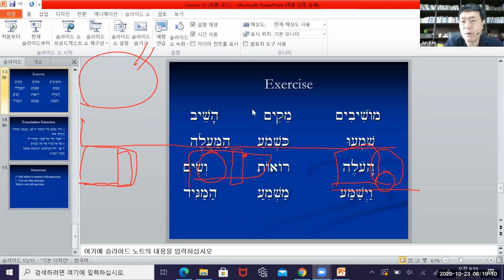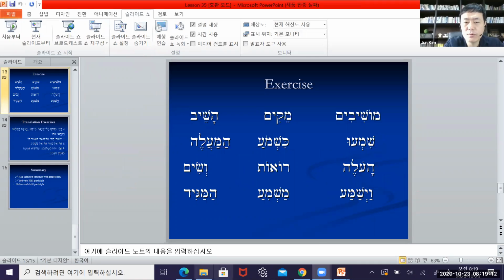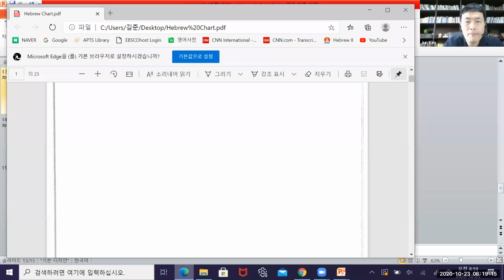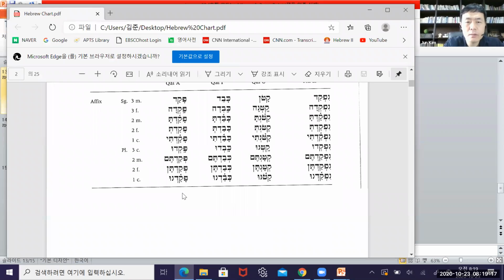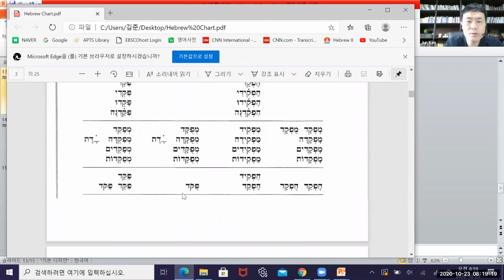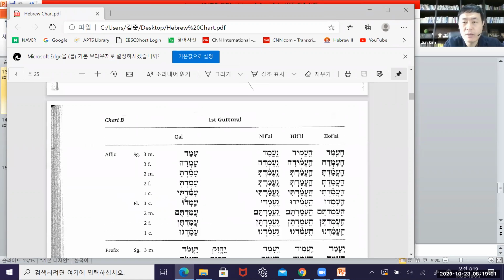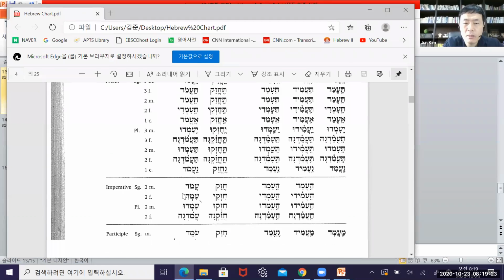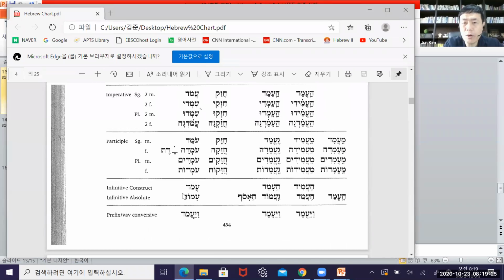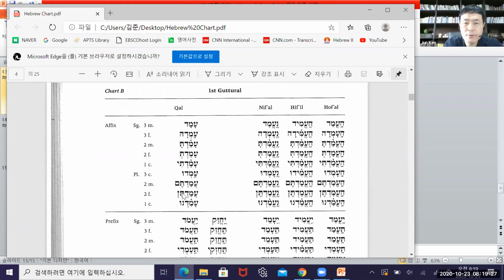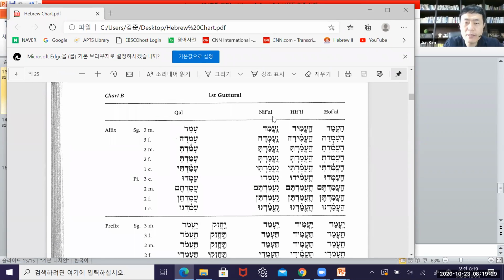Okay, if you have the verb chart with you, let's go to page, where are you? First guttural, page 434. You have first guttural, and you're thinking about Hifil.